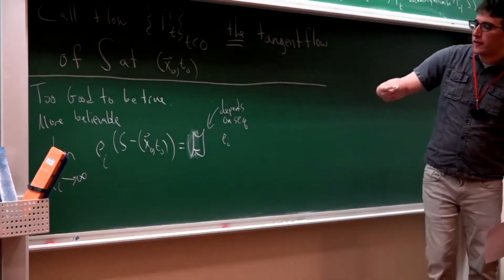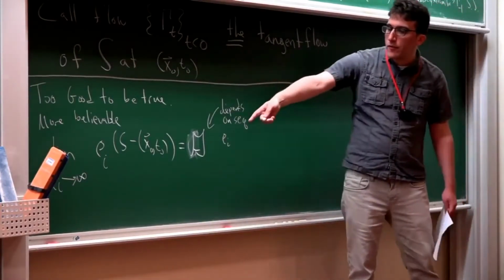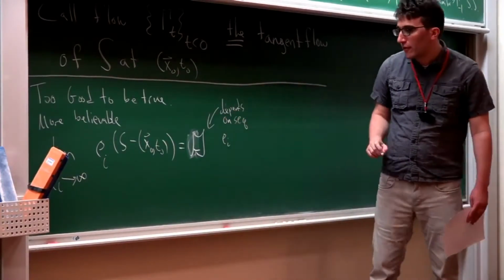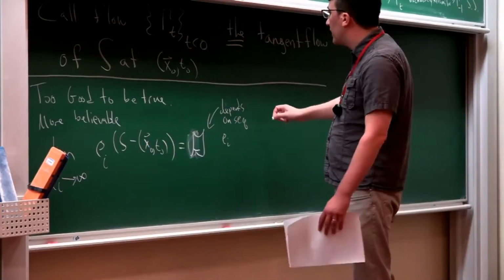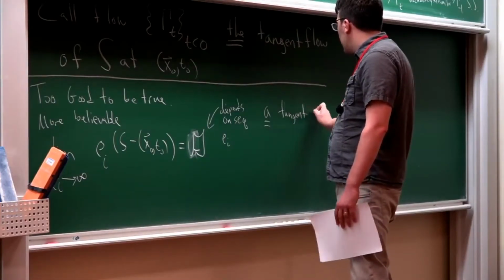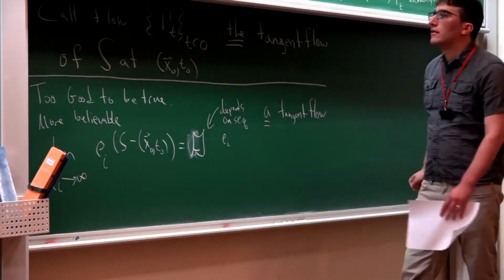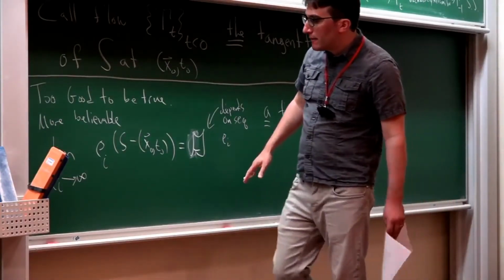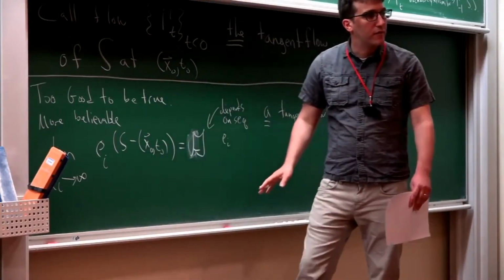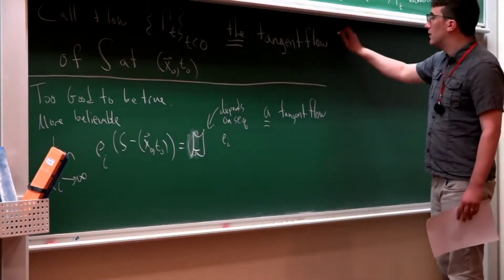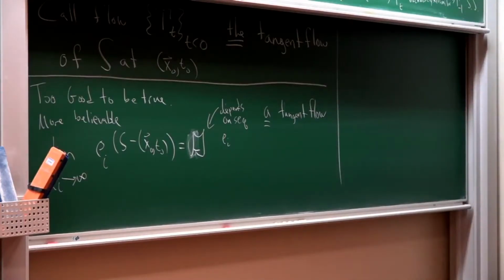Again, maybe I give you a sequence and this limit doesn't exist, but it's a compactness result, so maybe there's a subsequence for which it would exist. In this case, we talk about a tangent flow. The same analysis works, so if this limit exists, then it should be backwardly self-similar and be a self-shrinker. The point is it may be a different self-shrinker if you choose a different sequence. That certainly conceivably could happen, though it's a question of whether it does.